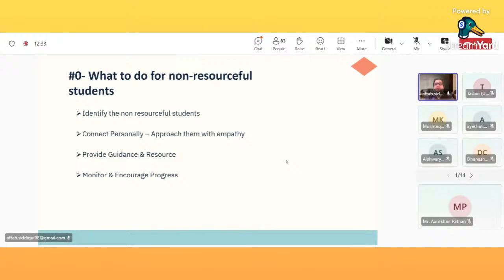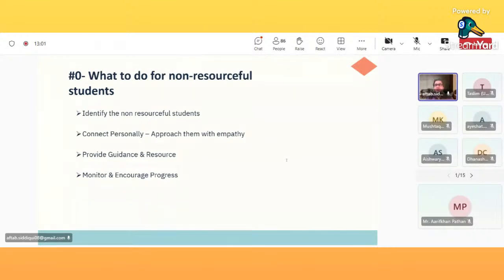See, the very first thing for the teachers is to identify the non-resourceful student. Identifying means paying attention to the student who misses classes, who struggles with the assignments, or performs very poorly in the class. You need to be very flexible.